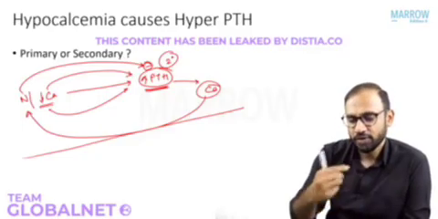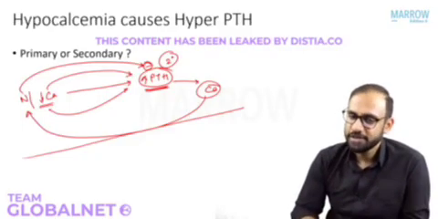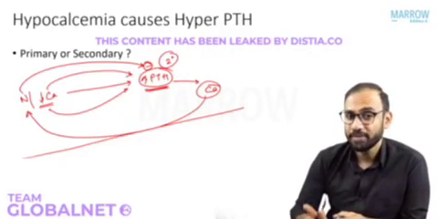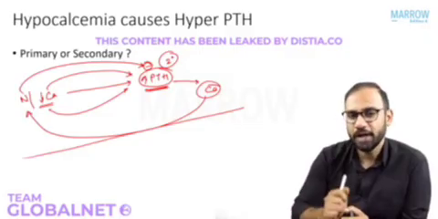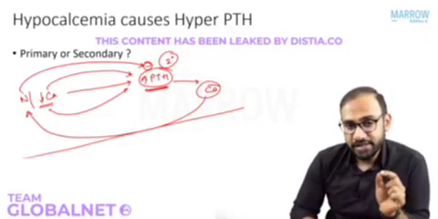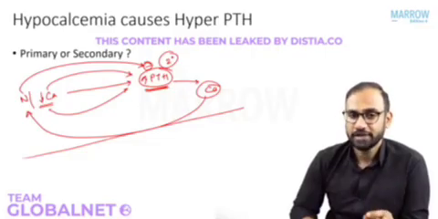Okay, so listen. So what am I telling you here? I've told you there is hypocalcemia, and because of hypocalcemia, PTH secretion is triggered. This is secondary hyperparathyroidism. I'm talking about what is primary hyperparathyroidism. Primary hyperparathyroidism is where there is a disease in the parathyroid gland.